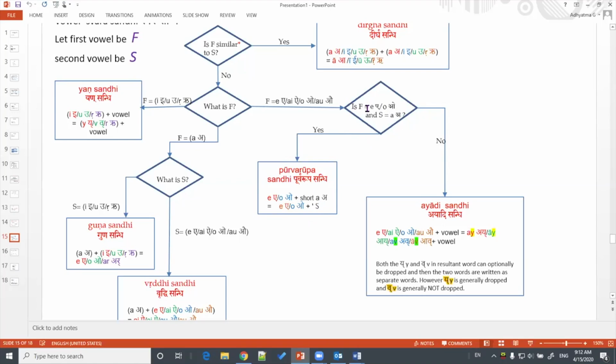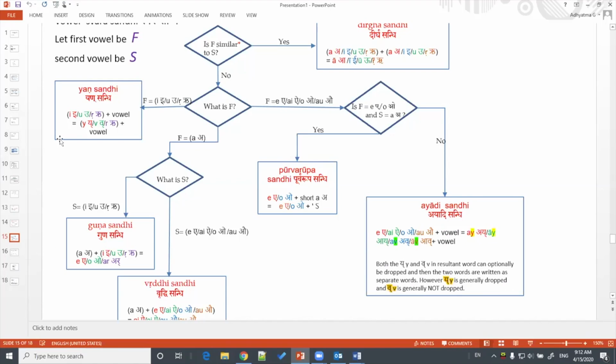If this condition is not met, that means all other conditions, then it is an ayadi sandhi. So E becomes ay, ai becomes aay, O becomes av, and au becomes aav. And yakara and vakara are optionally dropped, but generally in the text, yakara is dropped, vakara is not.